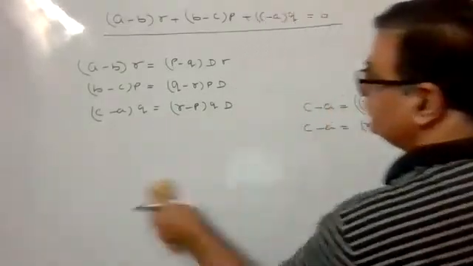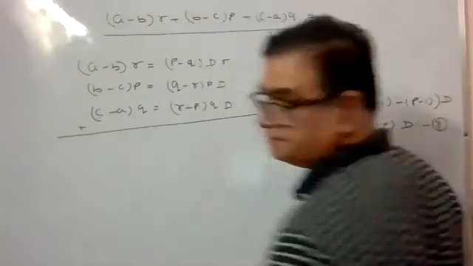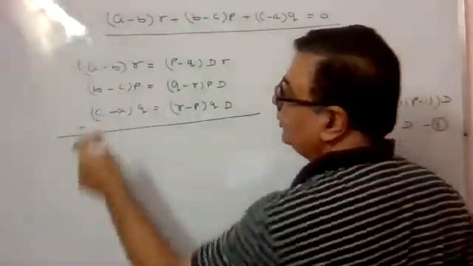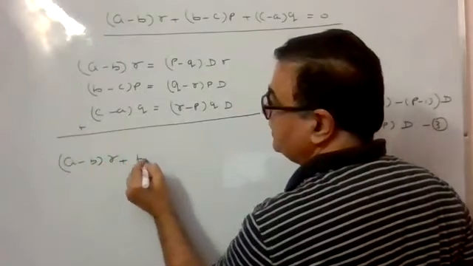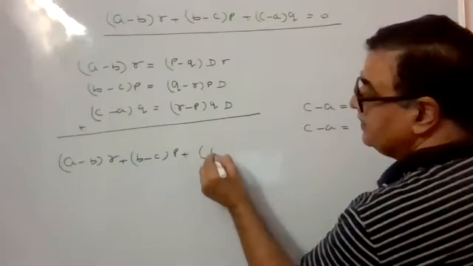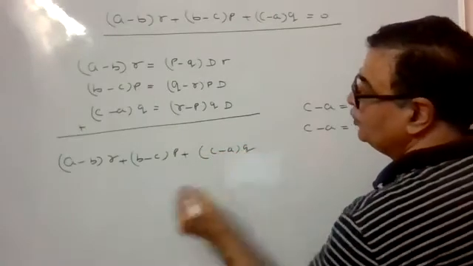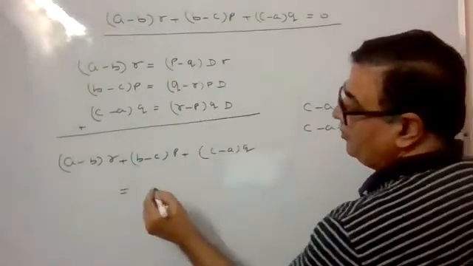Now we add these three equations. When you add it, what will you get? (a minus b) into r plus (b minus c) into p plus (c minus a) into q comes out to be equal to d, which will be common in all.